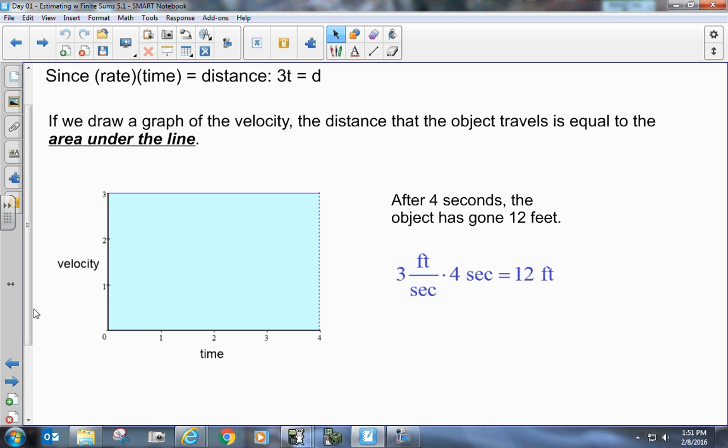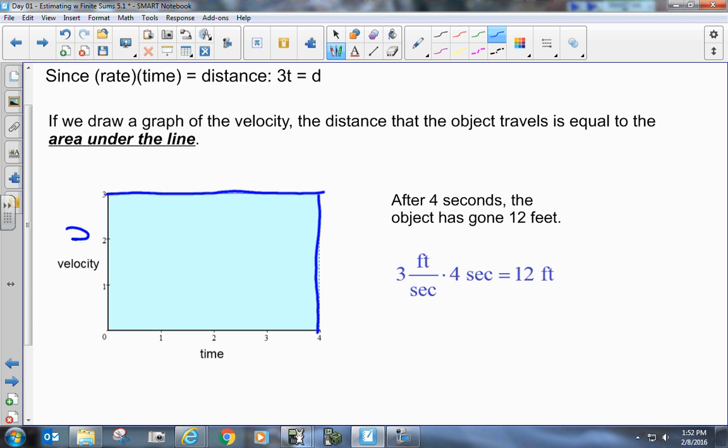Follow me. So here it goes. Velocity. Here's my constant, 3 feet per second. How many seconds did they go? 4 seconds. So isn't it 3 times 4? So it's 3, this height from here to here, times 4, which is this distance from here to here.